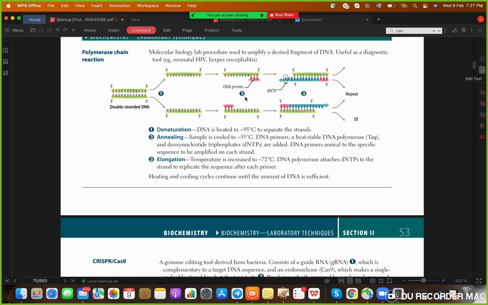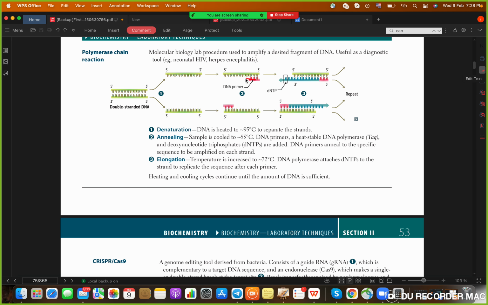And after that, we start the procedure of annealing. The sample is cooled to 55 degrees Celsius. And next we use a DNA primer and a heat-stable DNA polymerase, the Taq. Let's forget about this portion for now and speak about the primer.